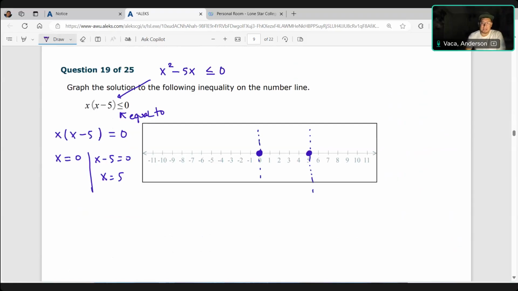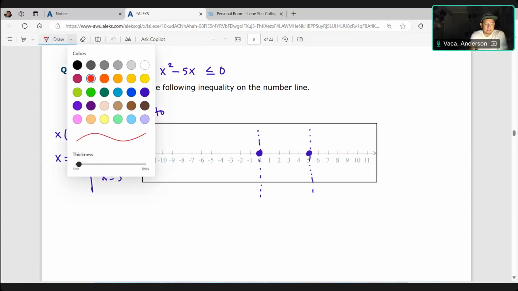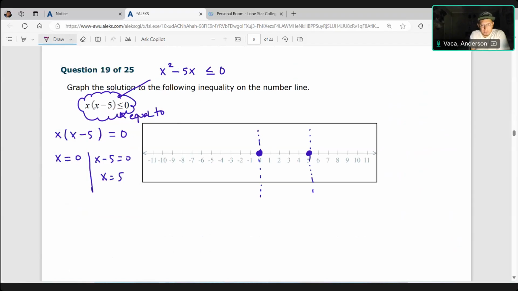And we need to test which sections make the inequality true. So here, let's pick, for example, what happens when x is equal to, I don't know, I'm going to make this simple. I don't want to make this complicated.